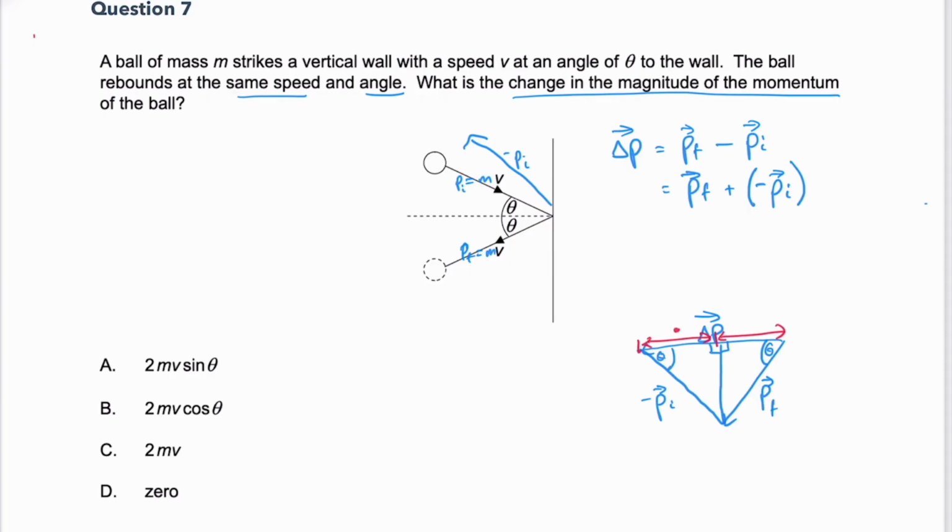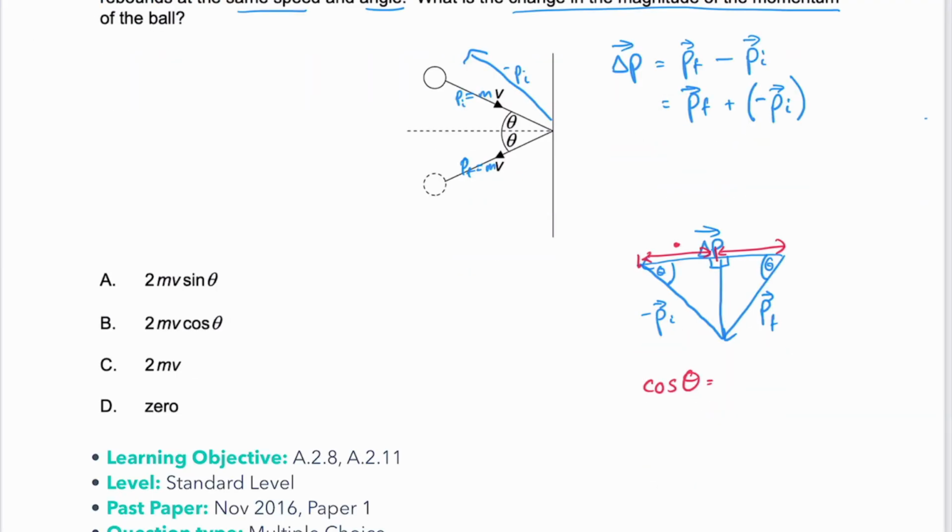So this length here, it's the adjacent to the angle, so cos theta equals the adjacent value over the hypotenuse, and we want to find out what the adjacent value is. So a is equal to a half delta p, which is this length here, is equal to h cos theta, which is p initial cos theta.